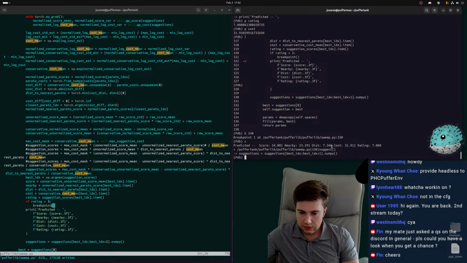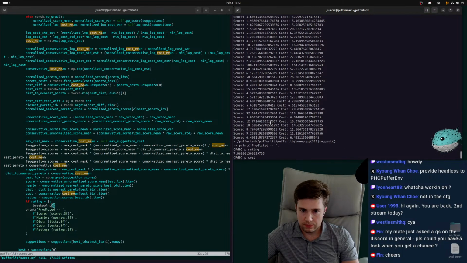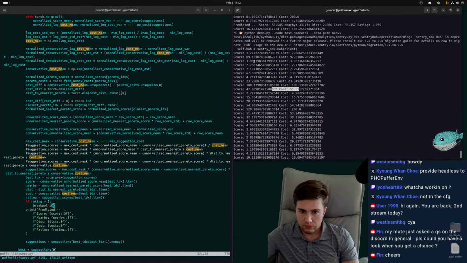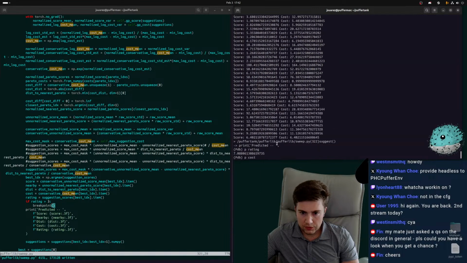And then it says the distance to the next Pareto point is 7. So that's going to be what, like 61? Should be like 61.